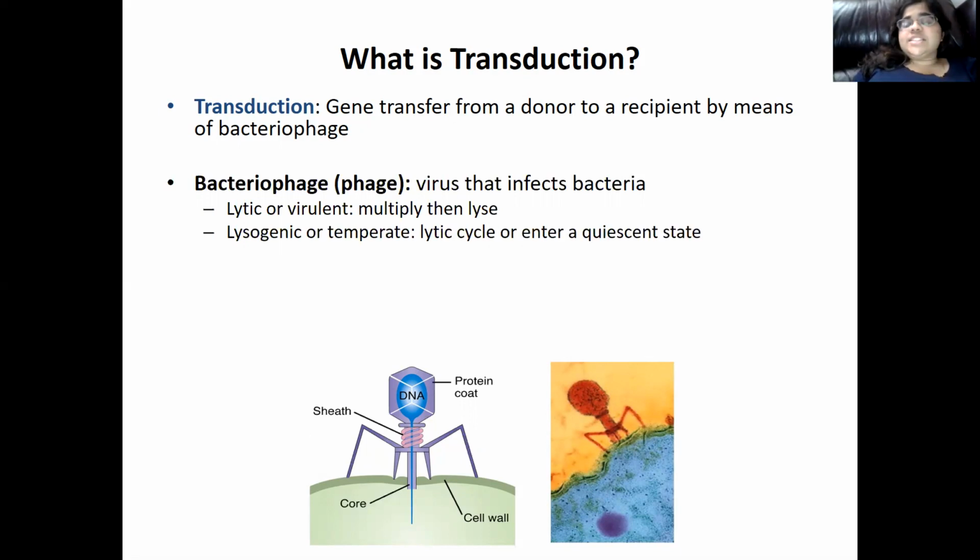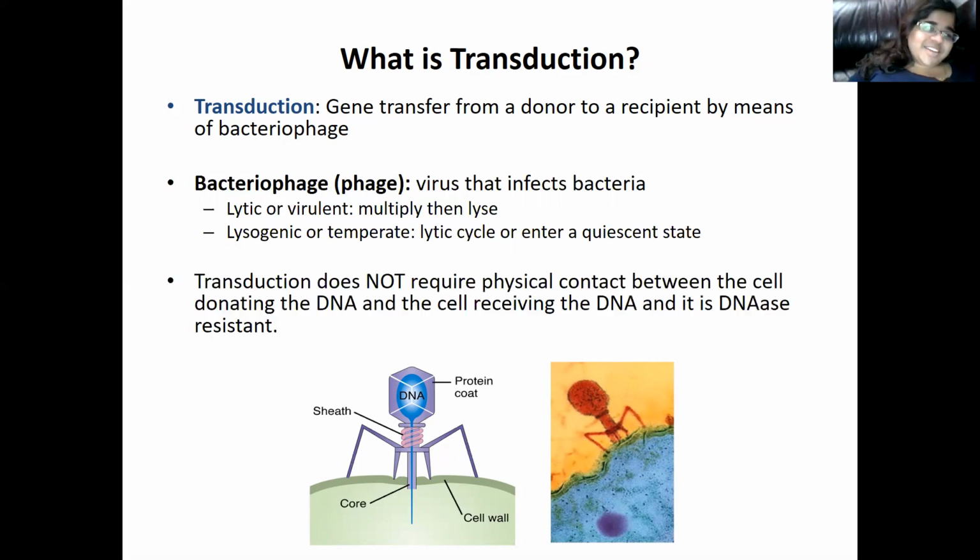Whereas with lysogenic cycles, it can either go directly into lytic cycle or it stays dormant until an external stimulus comes in and says, oh, time to go into lytic cycle, and go boom, right?